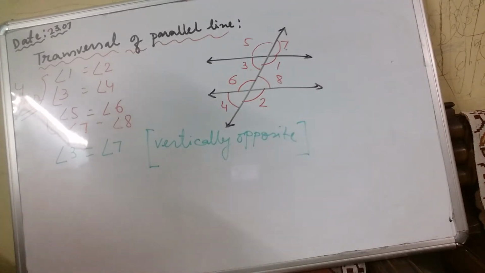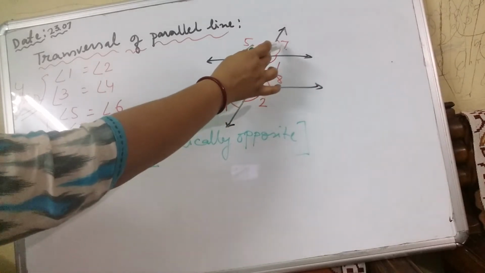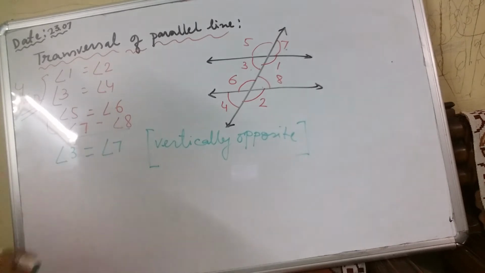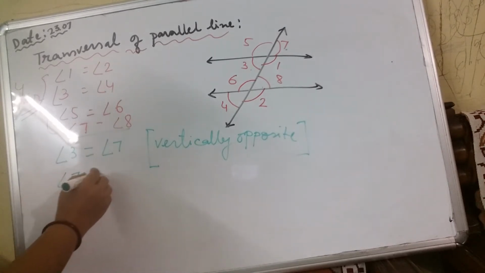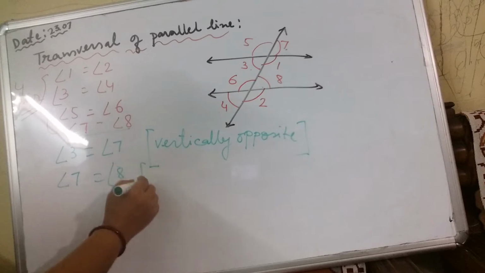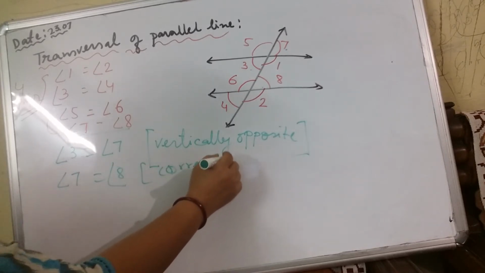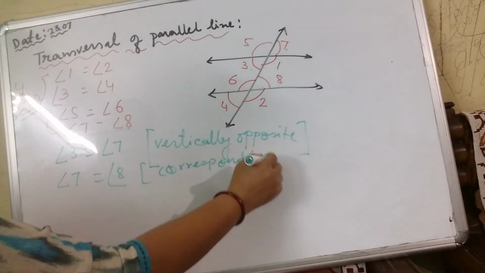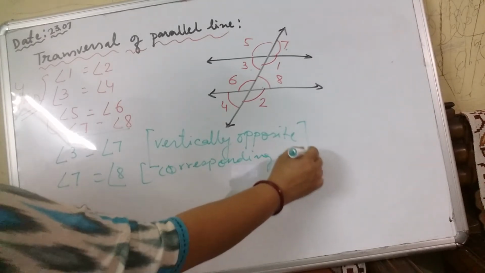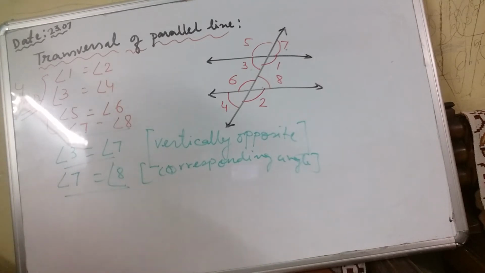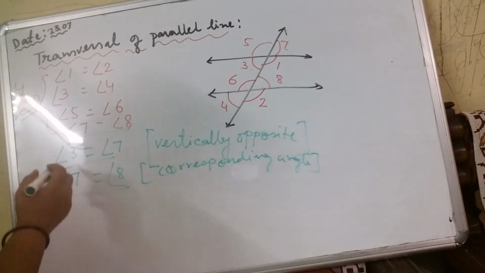And angle 7 and angle 8 are corresponding angles, so they are equal. Now, using these two relationships, what can I say?